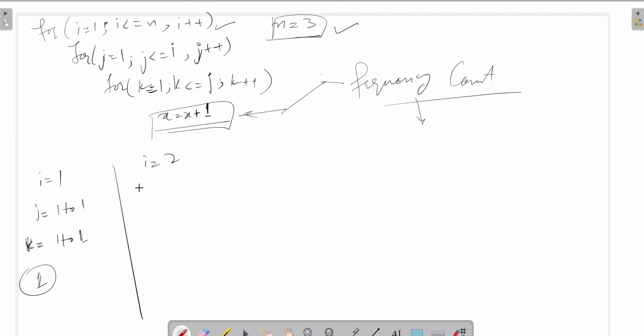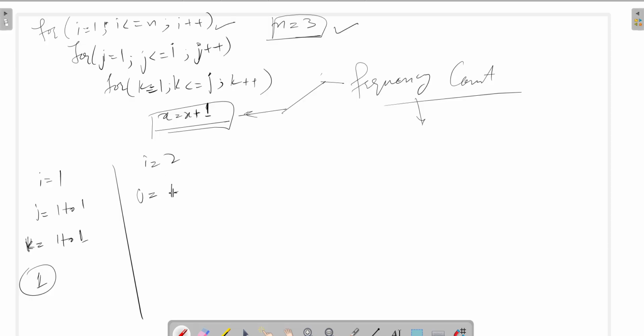Okay, now moving on, what happens when i is equal to 2? Well, j would run twice, because the first time it iterates, j is 1, and the second time it iterates, j is 2.